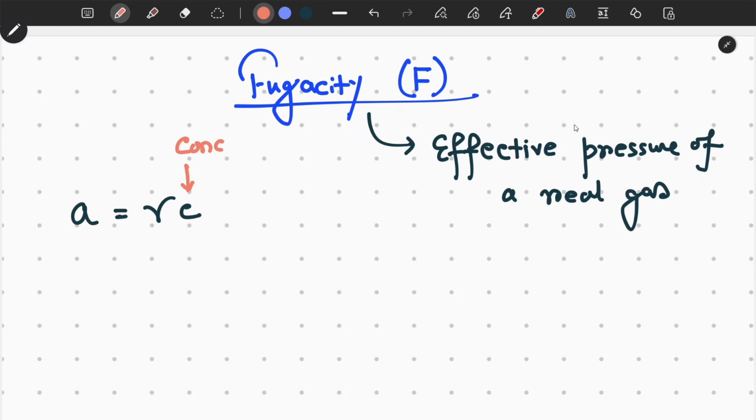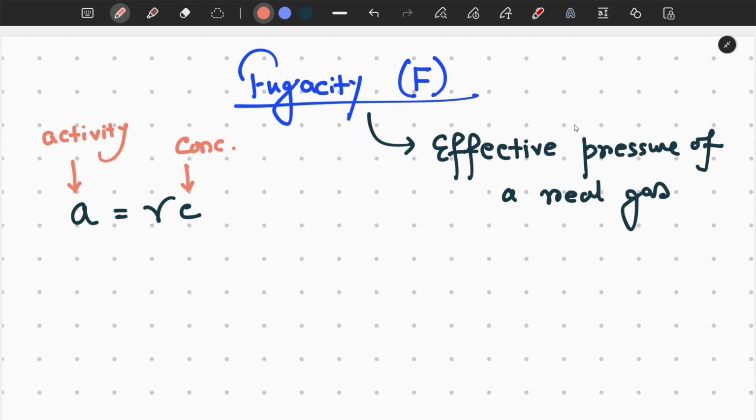This is concentration, this is the activity coefficient, and this is our activity. For a very dilute solution, concentration and activity become the same. For a real solution, you have to consider the activity coefficient, which then gives us activity.